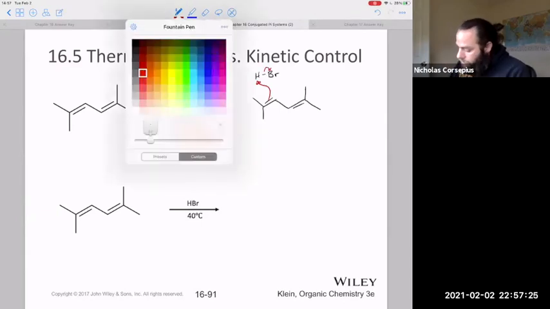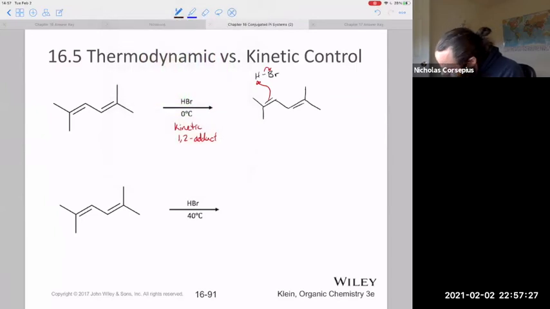That electron jumps onto the bromine. Importantly, that forms an allylic carbocation. Remember, the positive charge is always going to go in that allylic position, meaning it's sort of like next to the double bond.